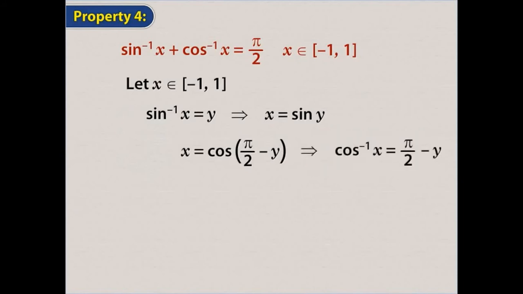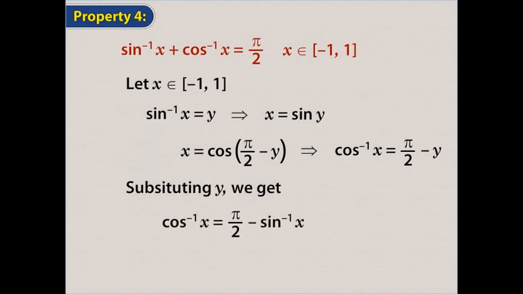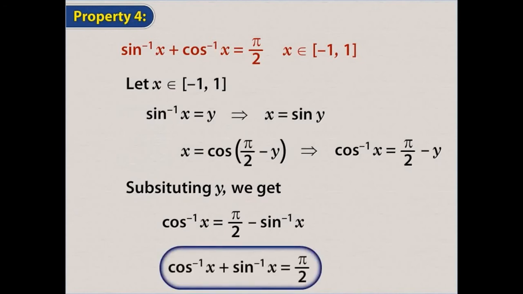This implies that cos inverse of x equals pi by 2 minus y. So, cos inverse of x equals pi by 2 minus sine inverse x. Therefore, cos inverse of x plus sine inverse x equals pi by 2.